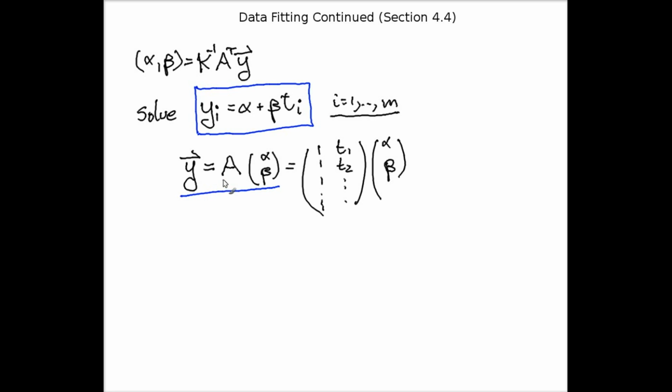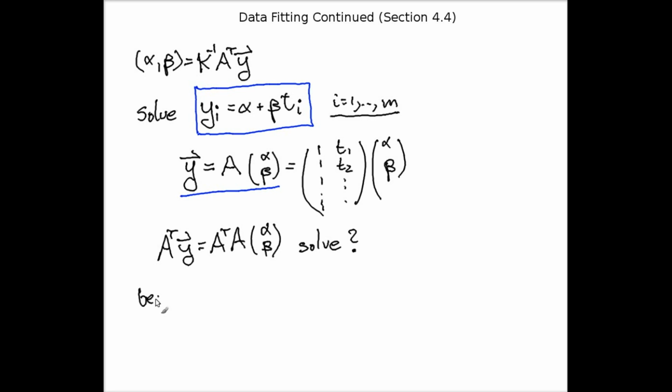And how do you do that? Well, you need to make A symmetric, so you multiply both sides by A transpose. And we're trying to solve this equation. And if you can solve it exactly, you have a line that goes through all the points.